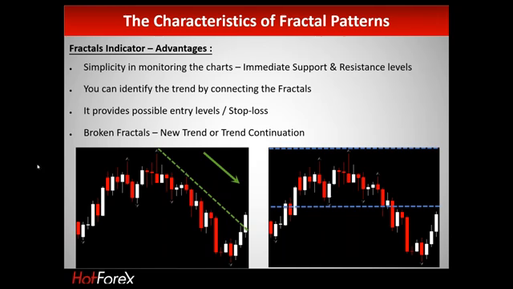So I have put some examples over here. Just look at the second one. As you can see, in this area over here, we had fractals hitting this level twice. So that can be considered as our immediate support level.